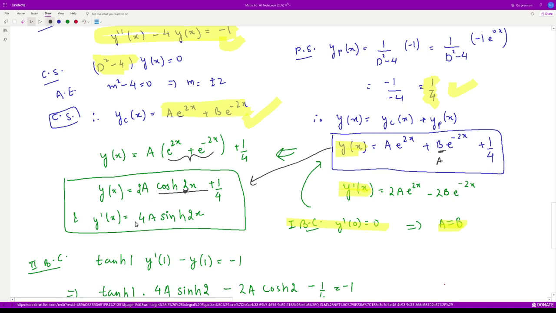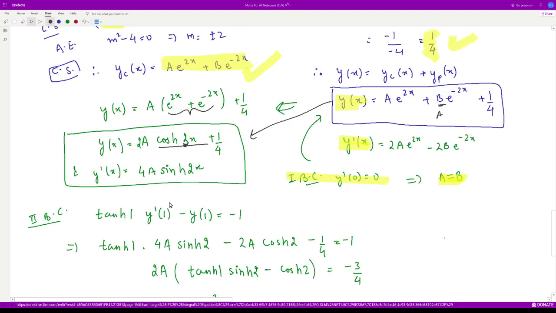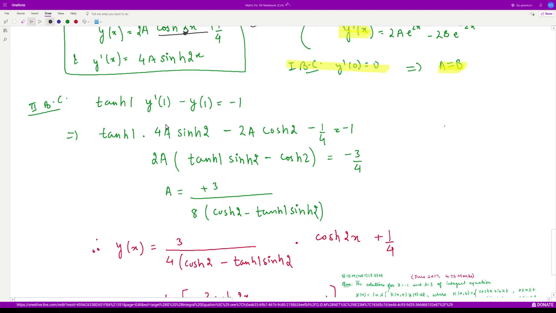Let me use the second boundary condition now. The second boundary condition was tan hyperbolic 1 into y dash of 1 minus y of 1 is equal to minus 1. So tan hyperbolic 1 as such, y dash of 1. Replacing 1 here and here, we have 4a sin hyperbolic 2 minus y of 1.